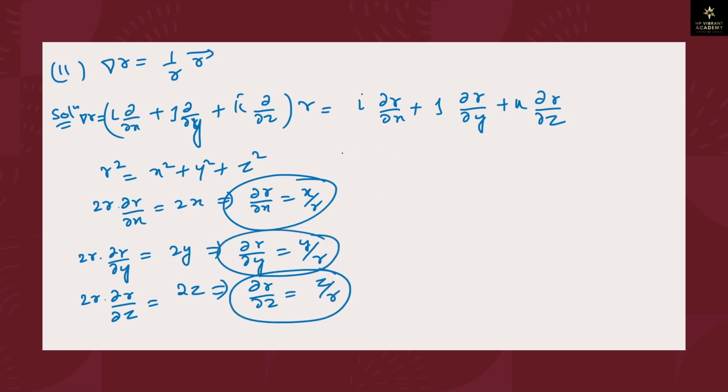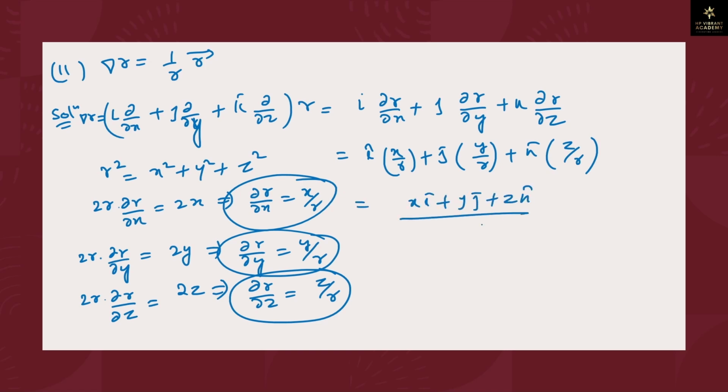Placing the values, we get i cap x upon r plus j cap y upon r plus k cap z upon r, which equals x i cap plus y j cap plus z k cap upon r. So this is r vector upon r.